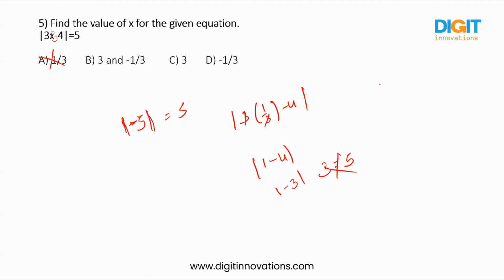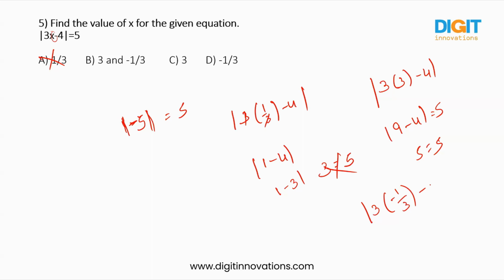Coming to B, let us put 3 into 3 minus 4. 9 minus 4, which is 5. Yes, 5 equals 5. Let us check minus 1 by 3 also. Minus 1 by 3 minus 4.